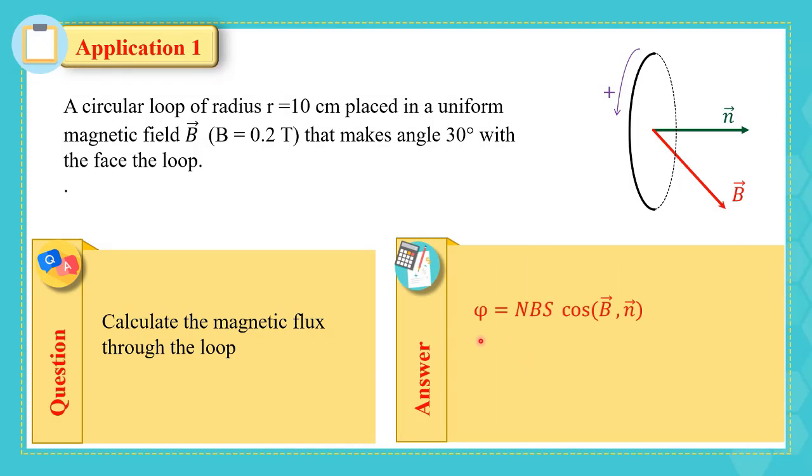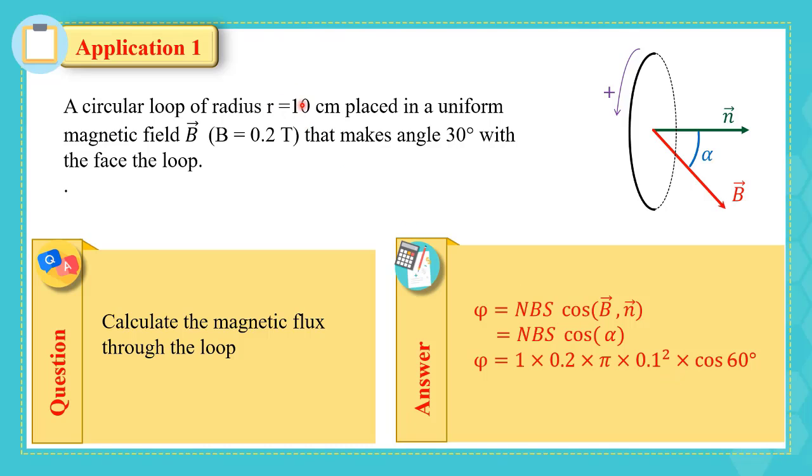The expected answer is flux equal N B S cosine the angle between B and n, or N B S cosine alpha. N is equal to 1 since we have a circular loop of one turn. The magnitude of the magnetic field is equal to 0.2 times the surface of this circle is pi r square, so pi times 0.1 squared.